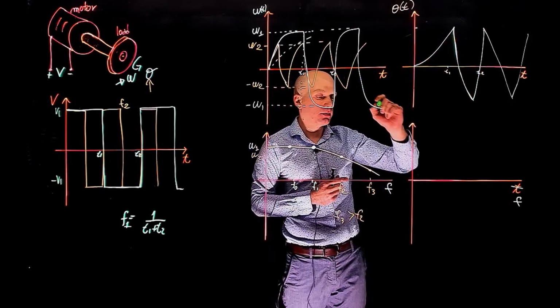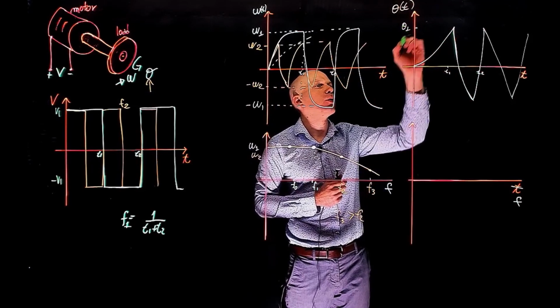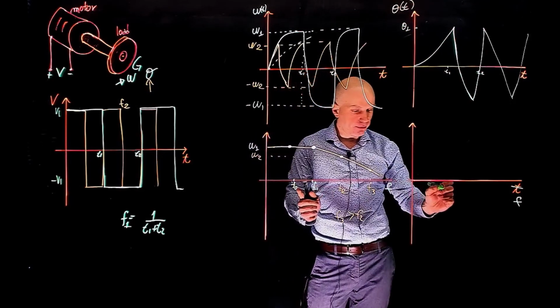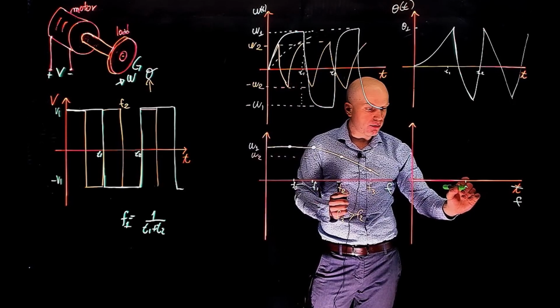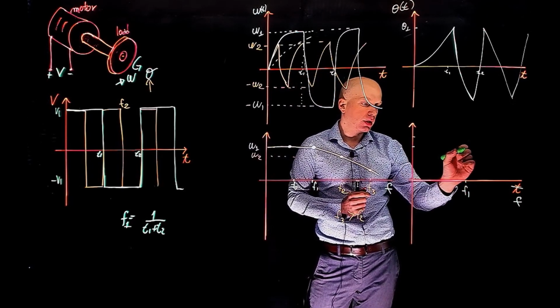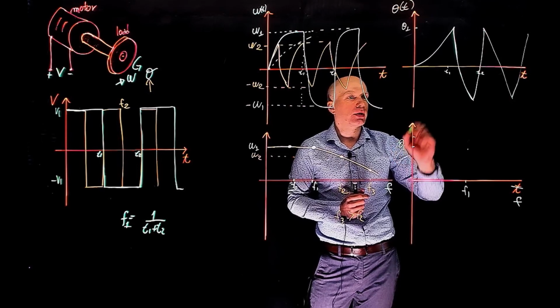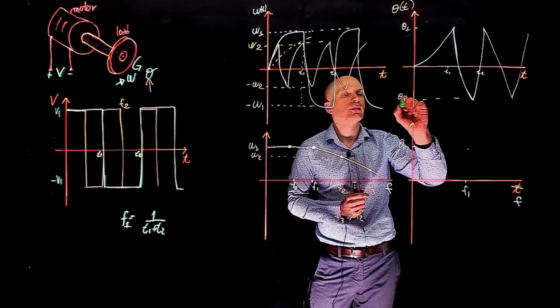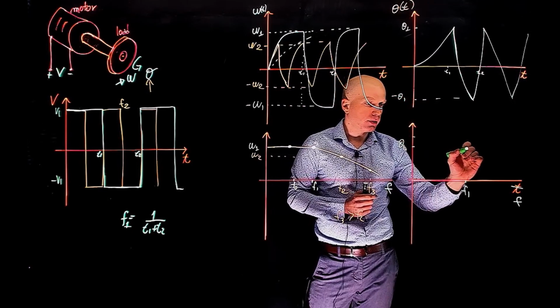Let's assume that at this maximum position here that it reached, it was theta 1. We can now plot our function here, F1, the frequency, and the maximum position, let's call that theta 1, and this is negative theta 1.